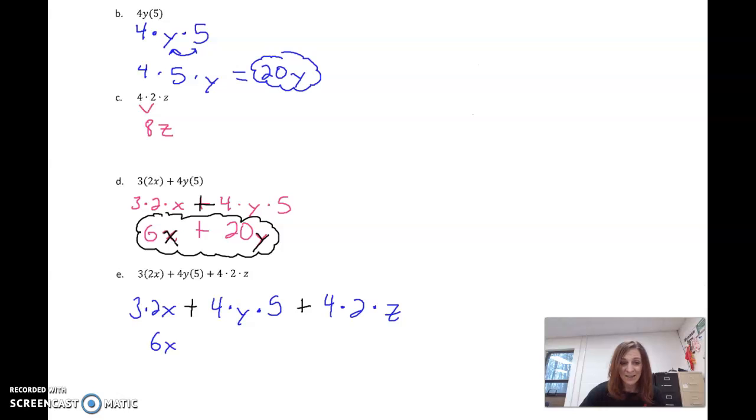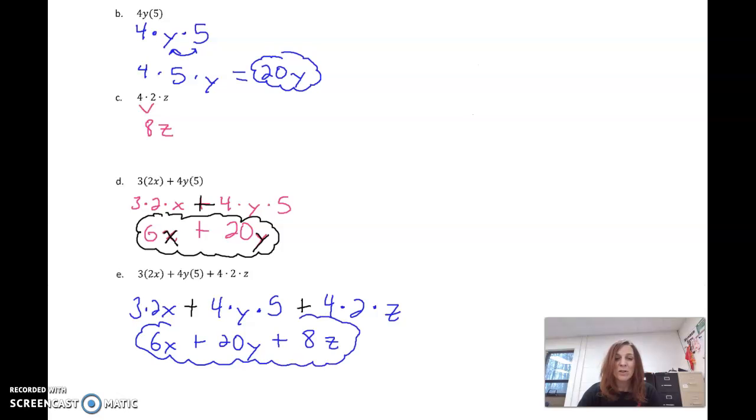Well, this is 6x plus, we know that this is 20y because 4 times 5 is 20, plus 4 times 2 is 8. That's 8z. Can I say that this is, I don't know, 6 plus 20 plus 8, 34? Hopefully that's right. xyz? No. This is our answer.